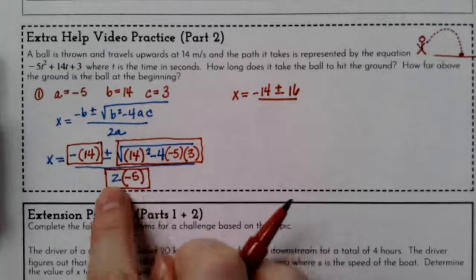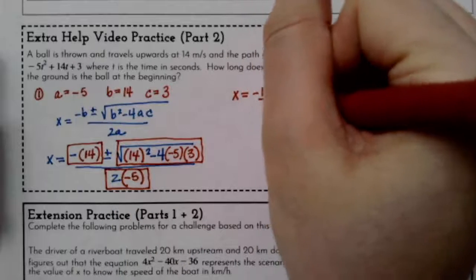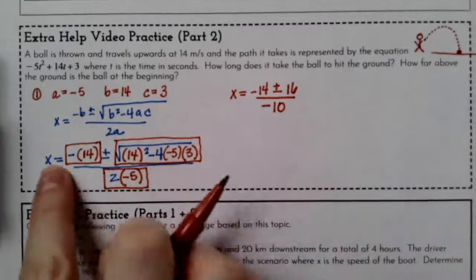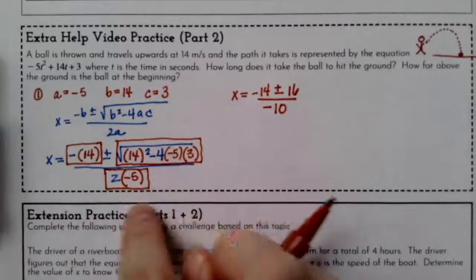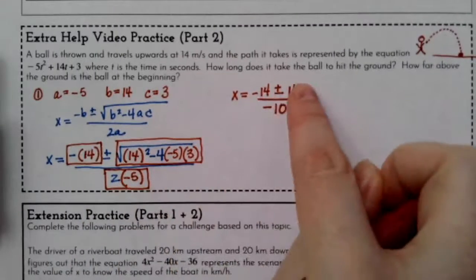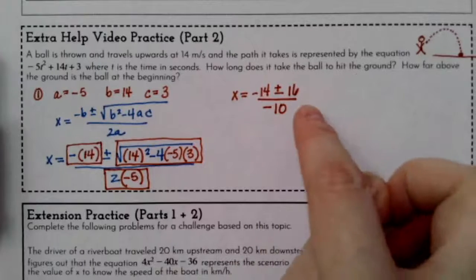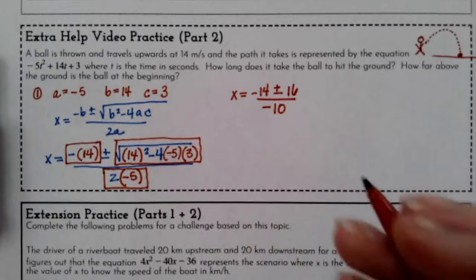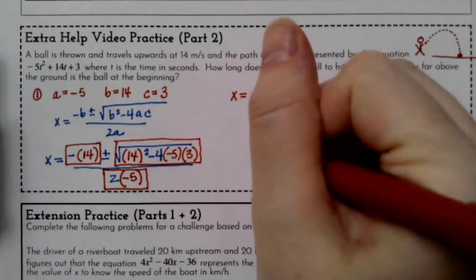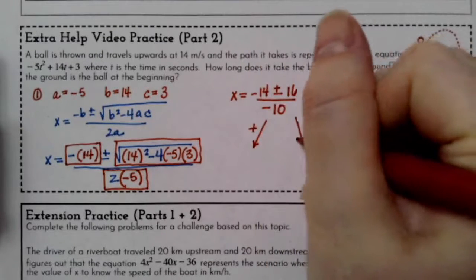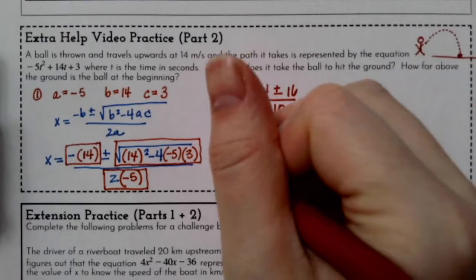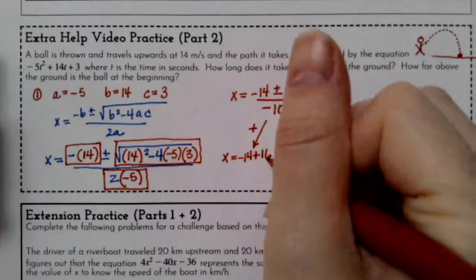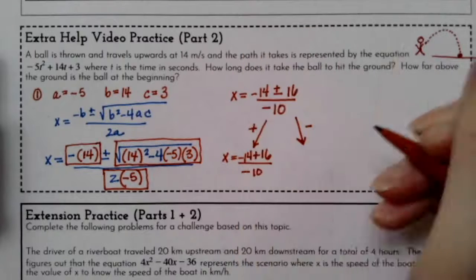And then on the bottom, we get 2 times negative 5, which is negative 10. So you basically take this huge formula, and you simplify it down to its tiny pieces, and now it's ready to be split into an addition problem and a subtraction problem. So we're going to split this into a plus and a minus. So for our plus, we get negative 14 plus 16.